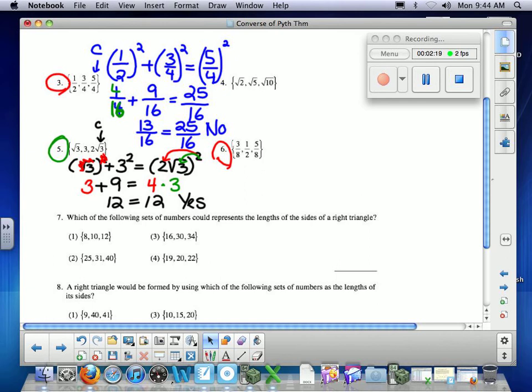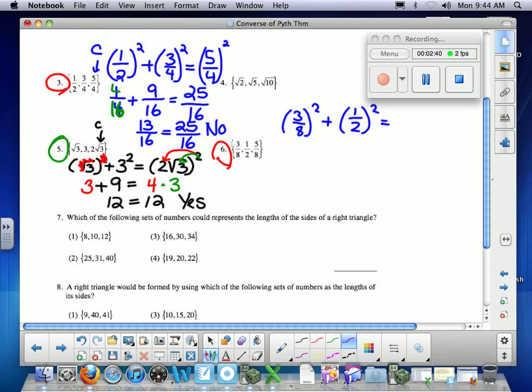Okay, yes. Will you tell us how many yeses and nos there actually are? Yes, I will. Number 6, I'm going to treat the same way that I did number 3. Again, your calculator could have helped you, especially if you converted to decimals. So this is a 9/64. That's a 1/4.